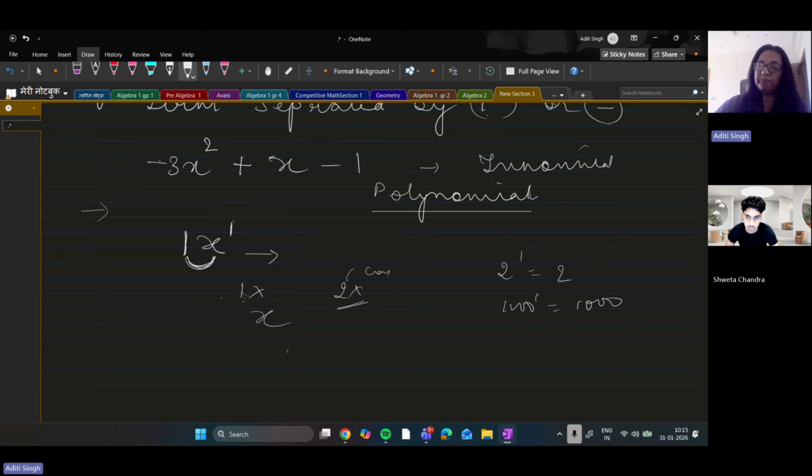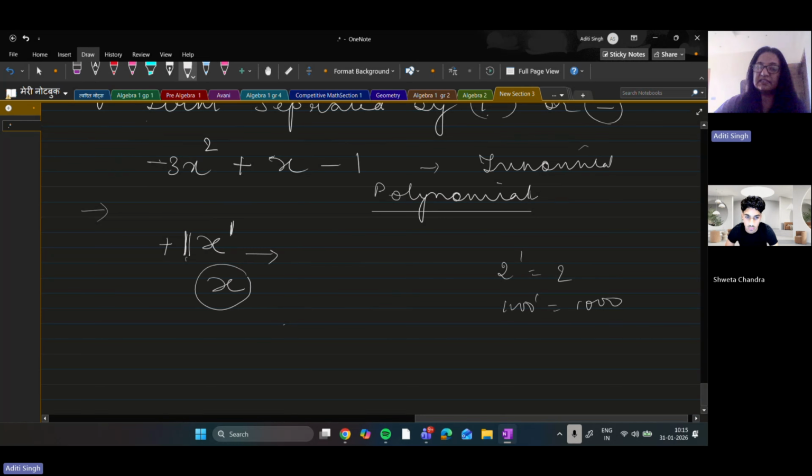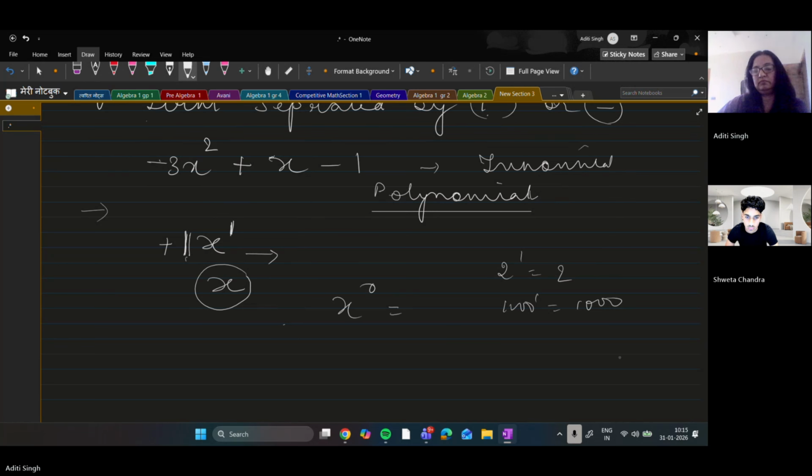So it has a power, it has a constant, and it has an operation of plus. So x is a polynomial. We don't write 1 only because, as it is 1, it got multiplied. So x is a term. Am I clear? Yes. X is a term. Now tell me, if you have x to the power 0, what does it mean?